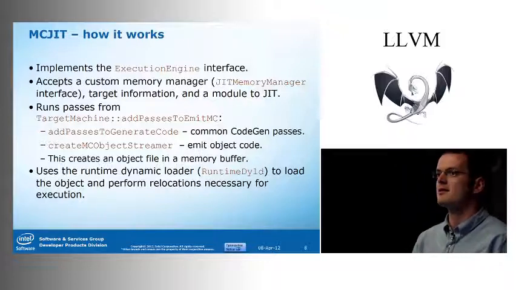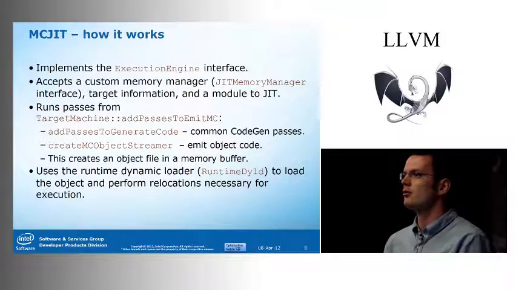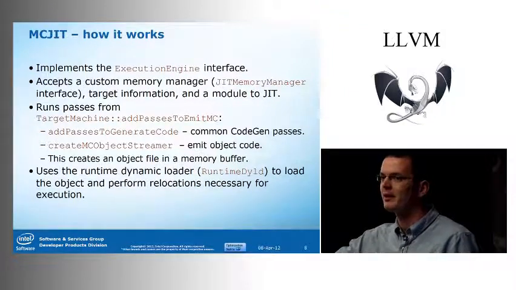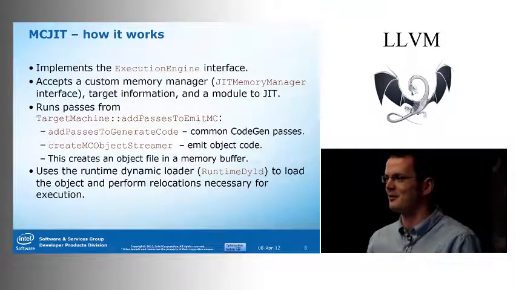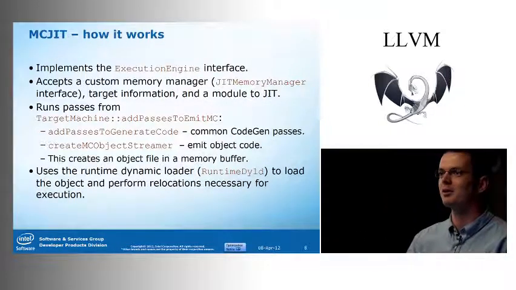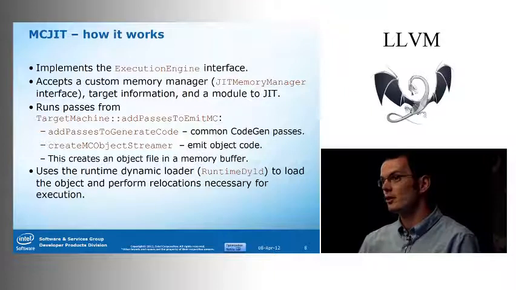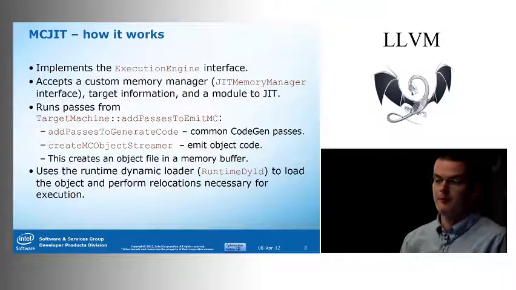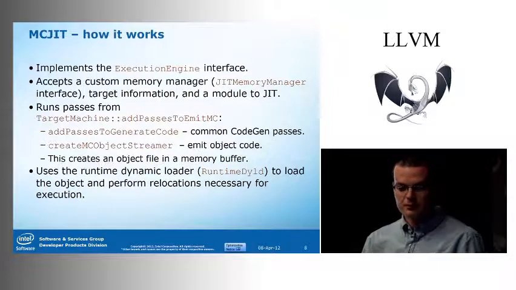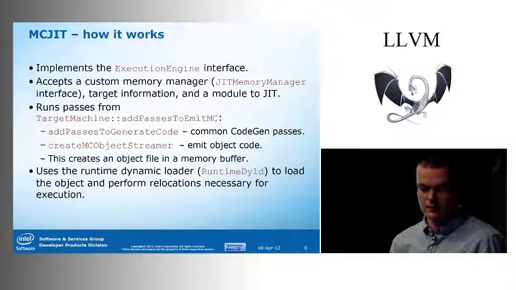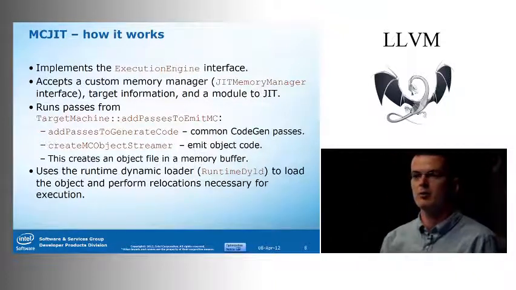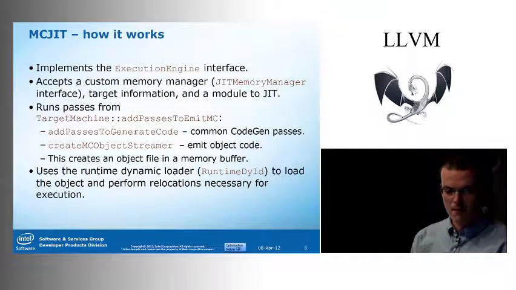So MCJIT is just another execution engine. Execution engine is an interface in the back end of LLVM, like the absolutely last part. You have the interpreter there, and you have the JIT there, and you also have MCJIT. It can be customized with target information and a memory manager. I will mention why the memory manager is needed later.